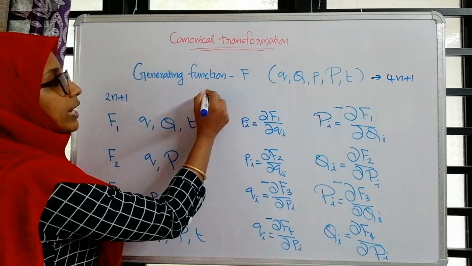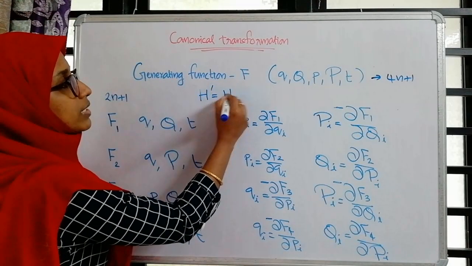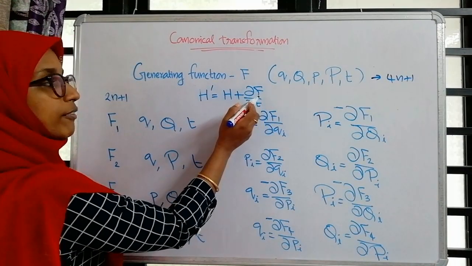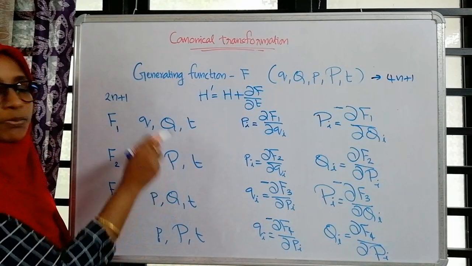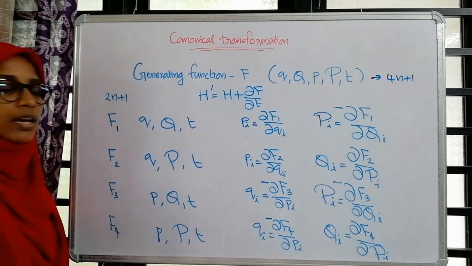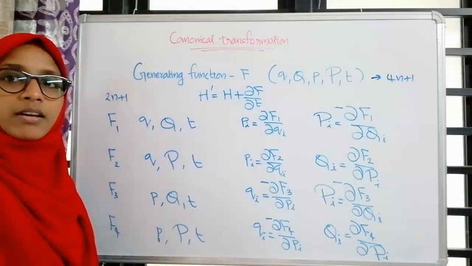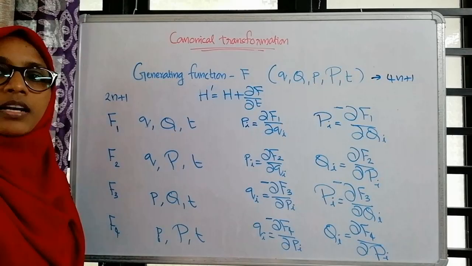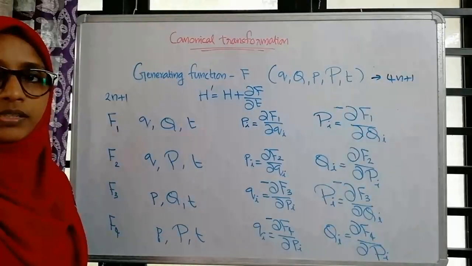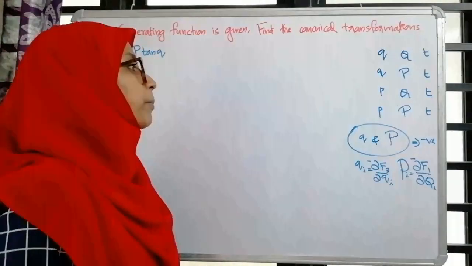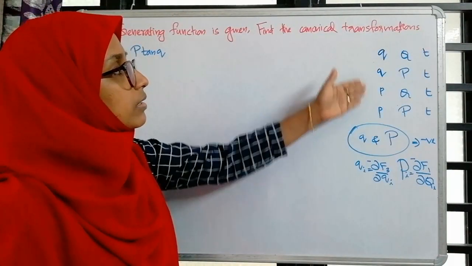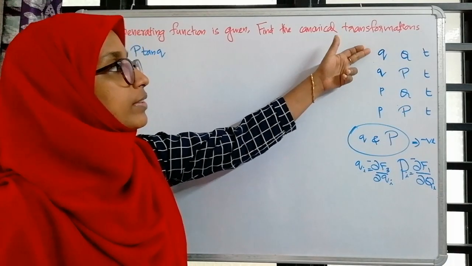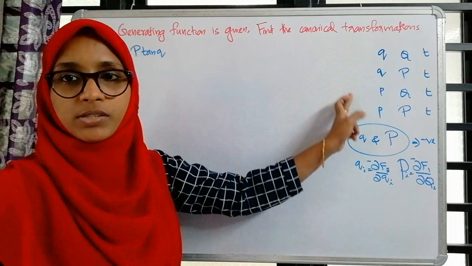Also we have to consider the common transformation equation H prime is equal to H plus dF by dt, where it will be F1, F2, F3 or F4 corresponding to these four transformations. This is all about the generating function that we have to remember when we deal with the problems of canonical transformations. Now we can discuss the problems. One thing to remember is that in the generating functions q Q t, q P t, p Q t and p P t, we are deriving the coordinates which are absent in these 2n plus 1 coordinates.